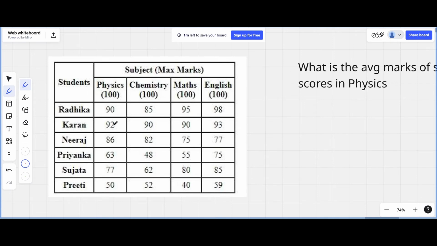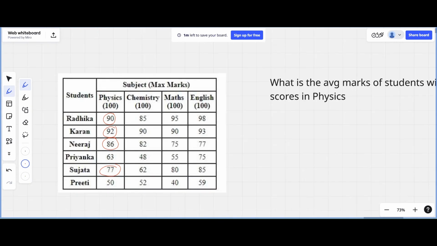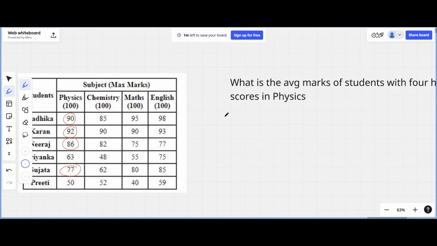Radhika, Karan, Niraj, Sujata. So these four, just write down.